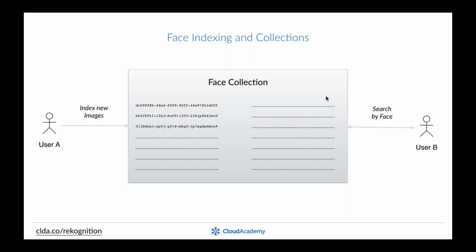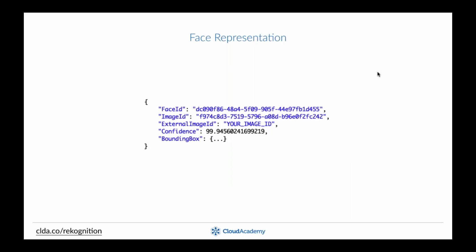An interesting detail is that when you index a new image, let's say, you can specify a custom image ID, which will be returned by the face search API. So I can say, look for this face, and the API will return me a list of matching faces and also where that face was detected. So the image ID of that face that was originally indexed. So you can build interesting applications with that.